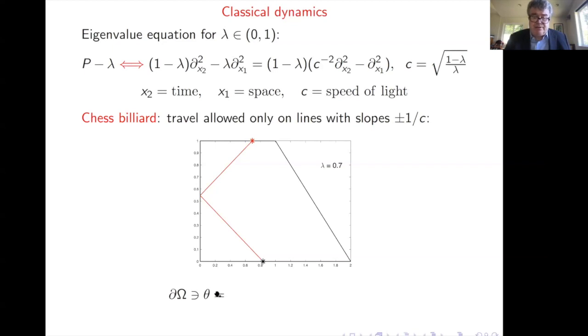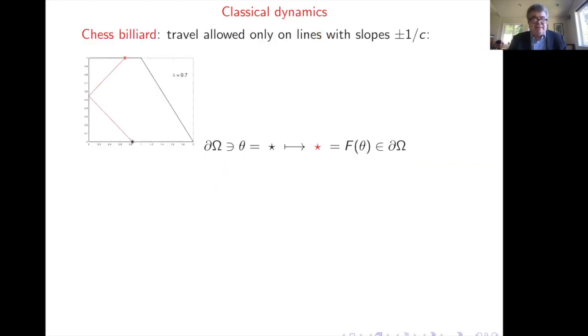And that is a nice homeomorphism, which I will call f of theta of the circle. And so this is the dynamical system which is associated to this PDE problem, though of course one has to make this connection rigorous.